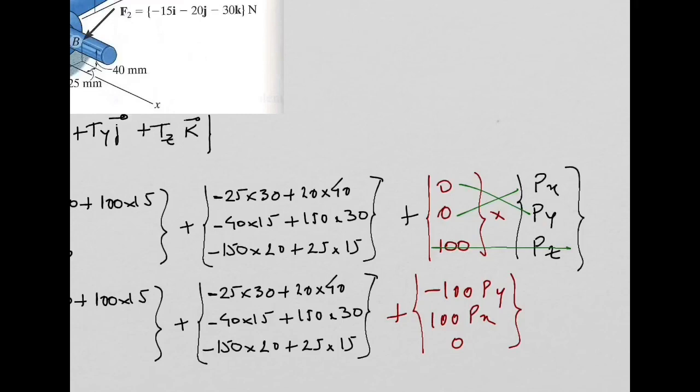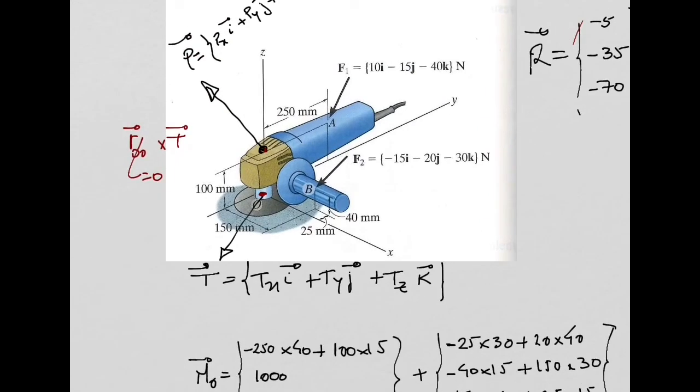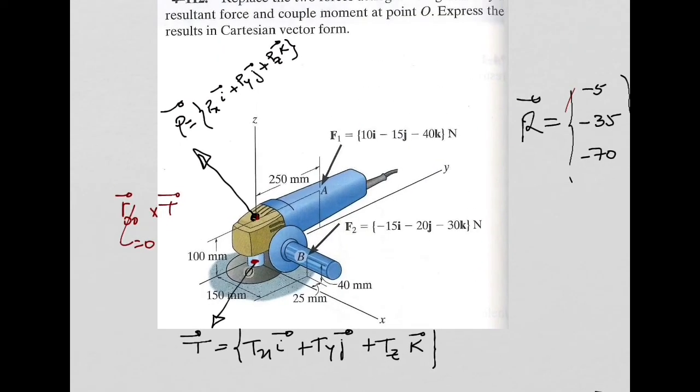If I define my position vector for my force P differently, say my force P is not applied at this point, but, for example, at this point A.